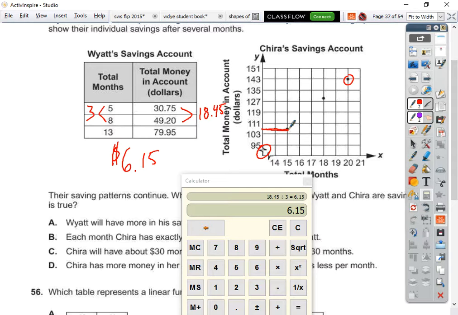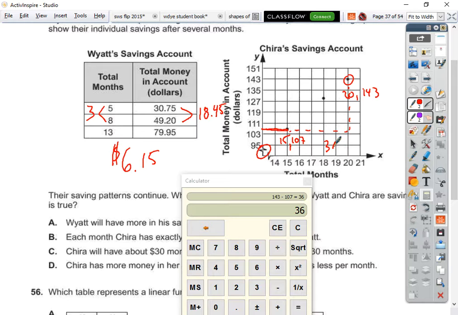My goodness. Anyways, so half of 8 is 4. So let's say that's 107. That's 15. That's 20, comma 143. So that means that we went 143 minus 107. So we save 36.